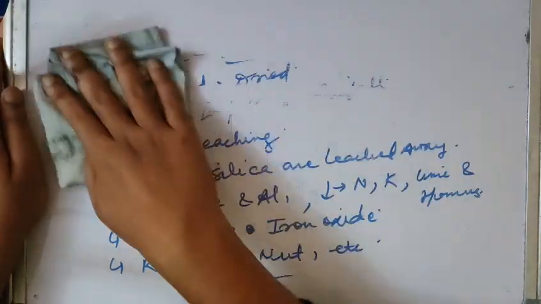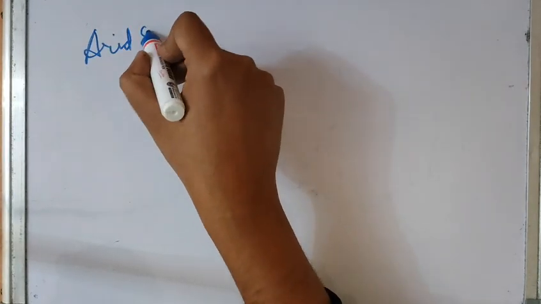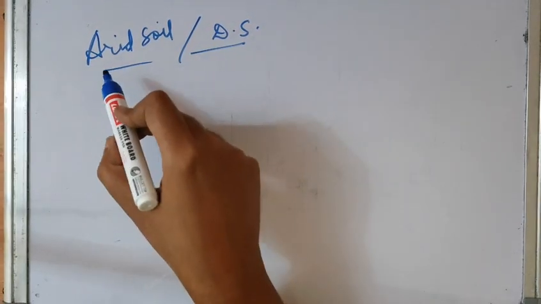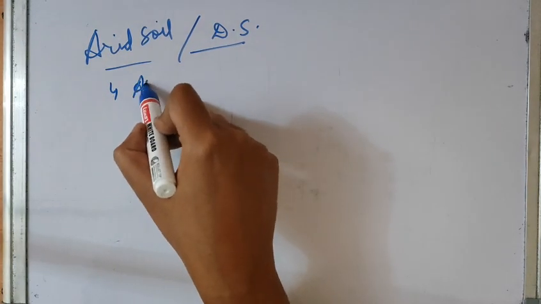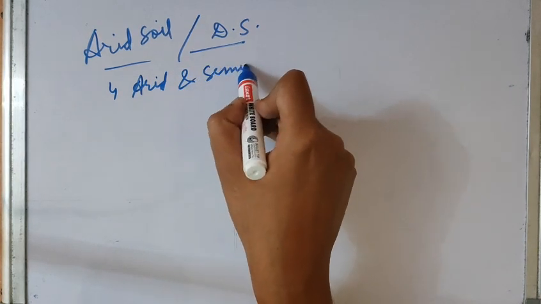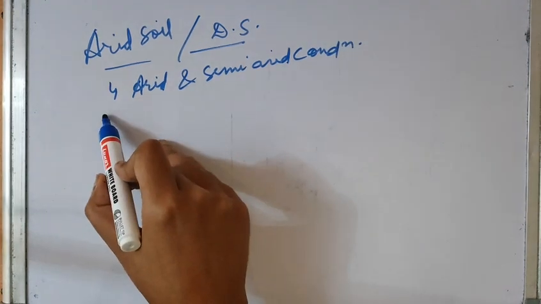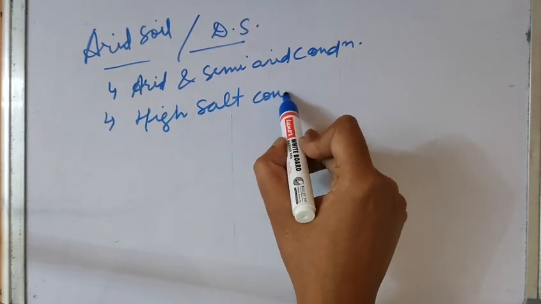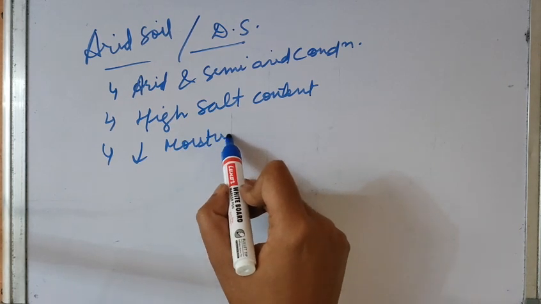And now moving on to desert or arid soil. It is also known as desert soil. It is mainly seen in arid and semi-arid conditions. High salt content due to high evaporation. Lack of moisture and humus.